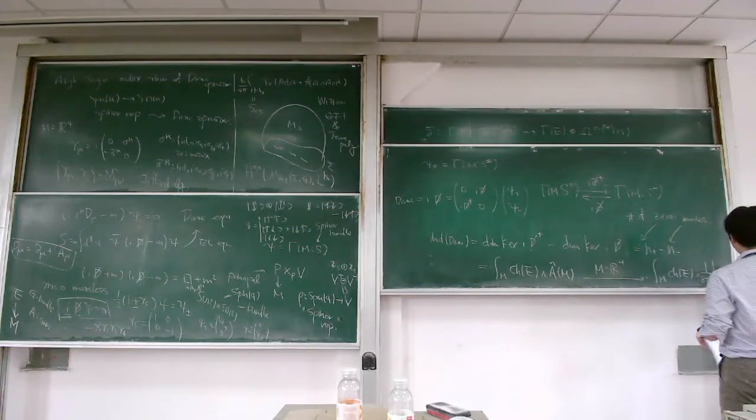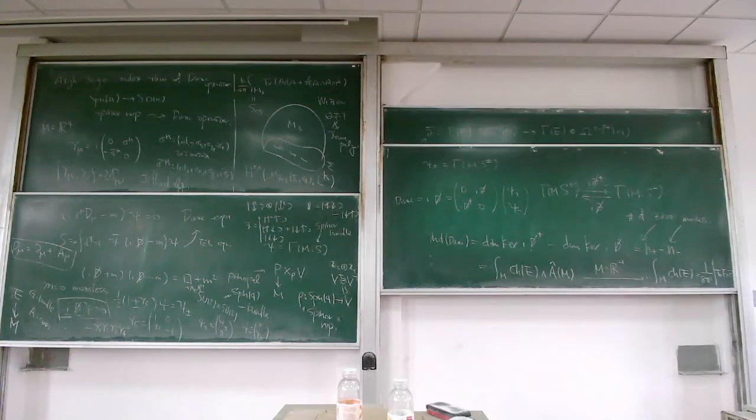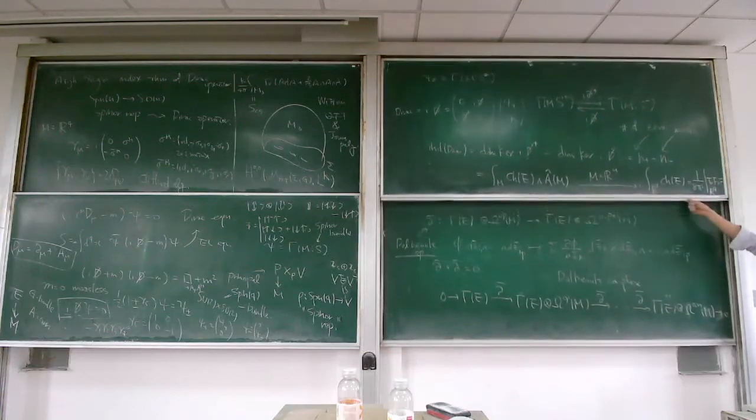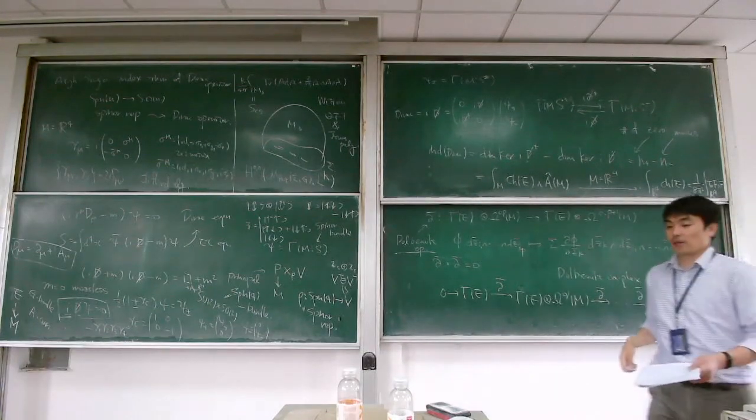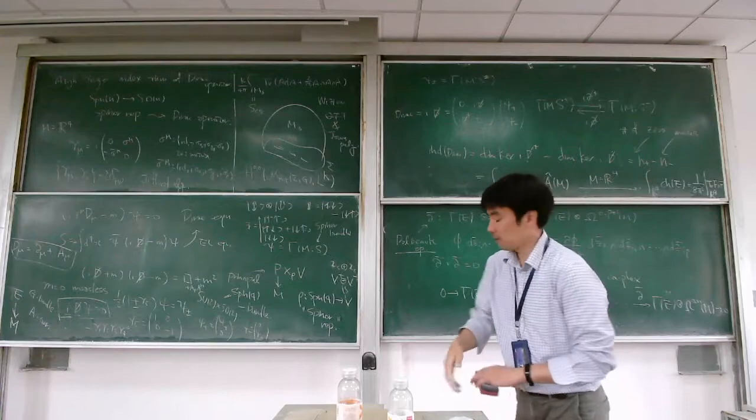Unfortunately, M is R4. Okay. And this will appear as the so-called chiral anomaly.